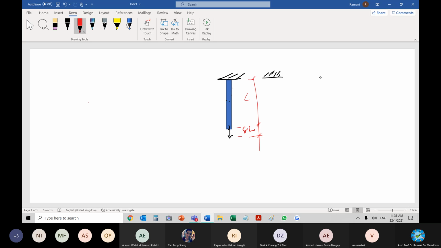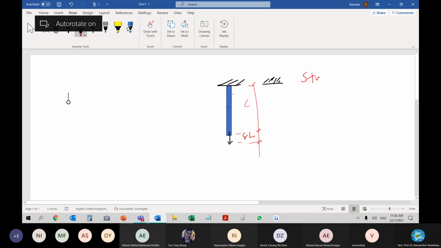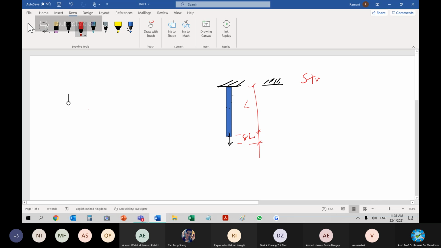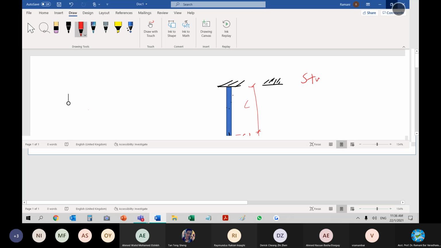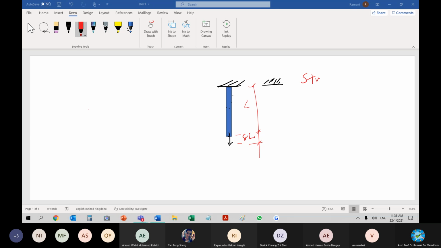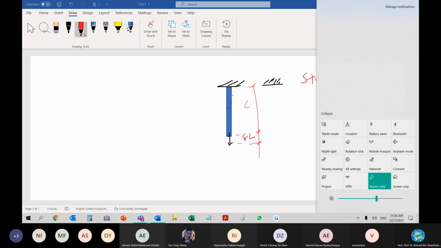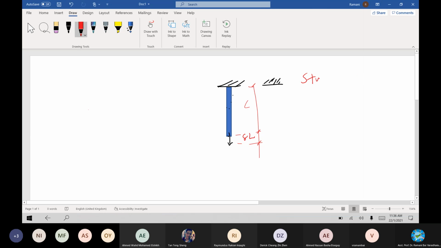So I can define the strain as, let's write the strain. Strain is equal to delta L over L. Stress is equal to F over A. What is F here?